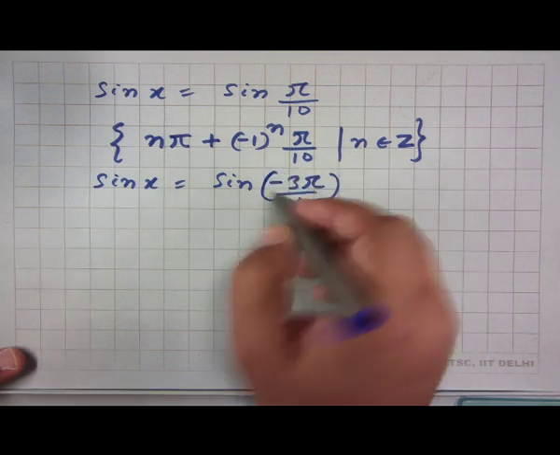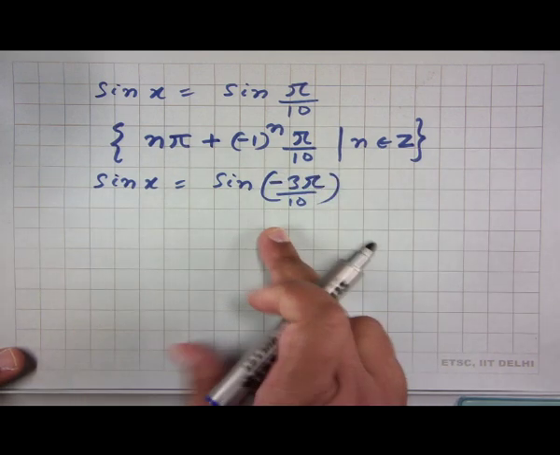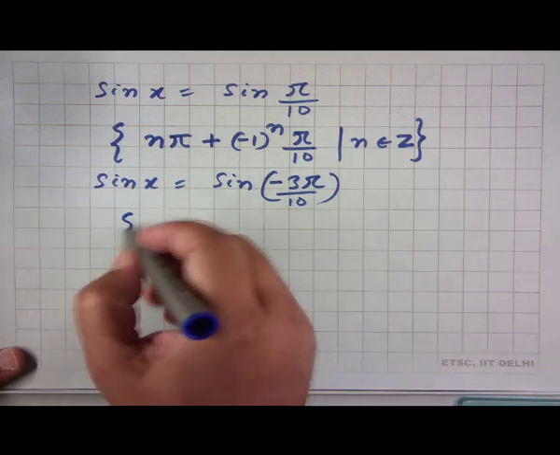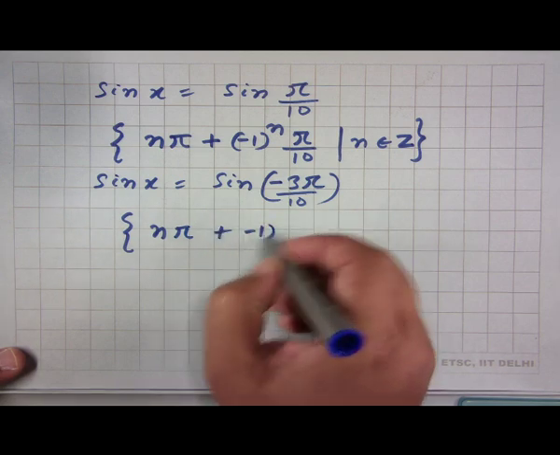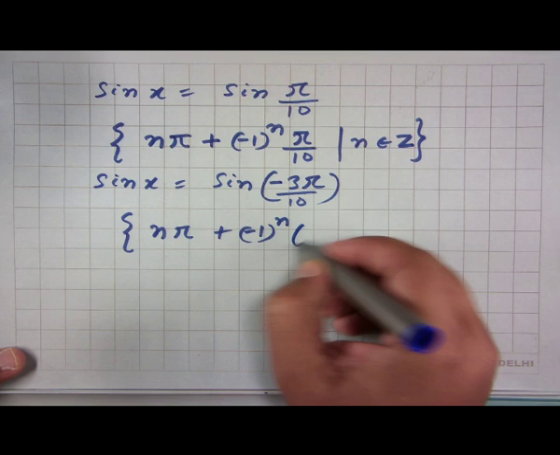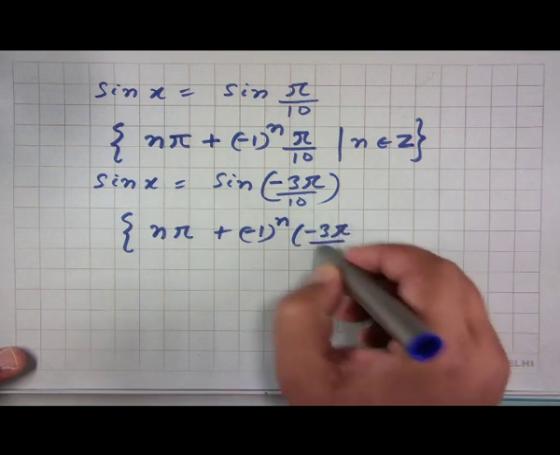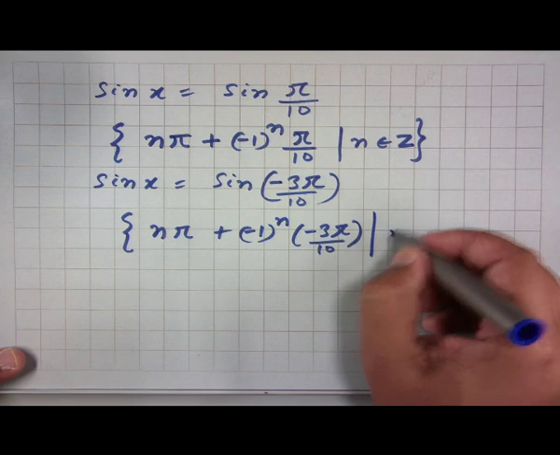This is also of the same form, sin x equal to sin y, and therefore, the general solution for this will also be n pi plus minus 1 to the power of n into minus 3 pi by 10, n integer.